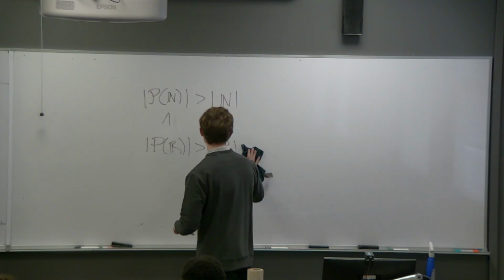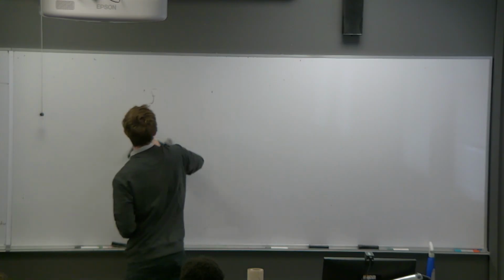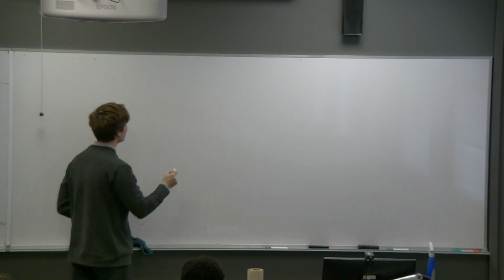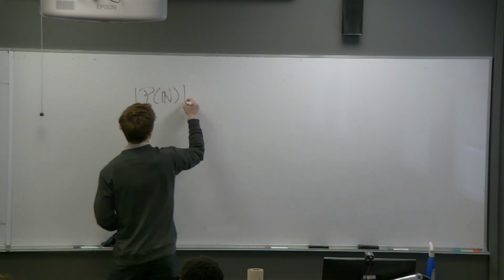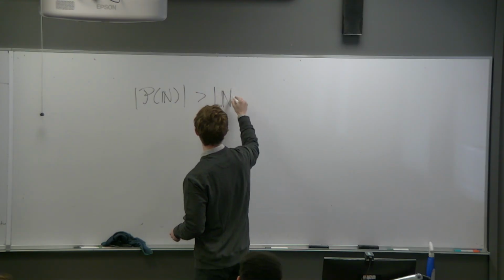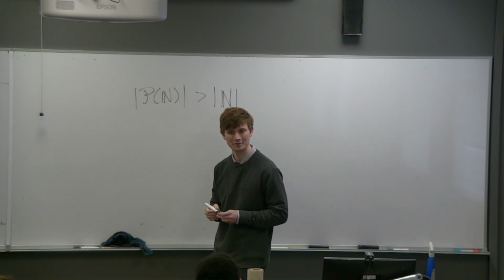Now, suddenly, and here's where things get really, really weird. We know, for instance, that you can go even further and say that the power set of the naturals, its cardinality is bigger than the cardinality of the naturals. Is this the reals?